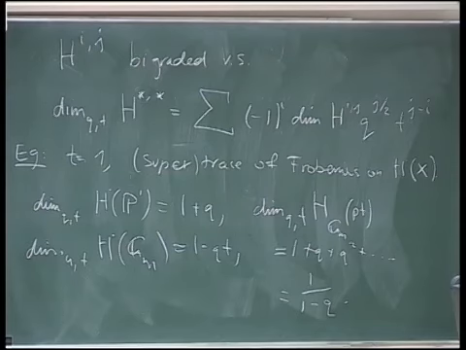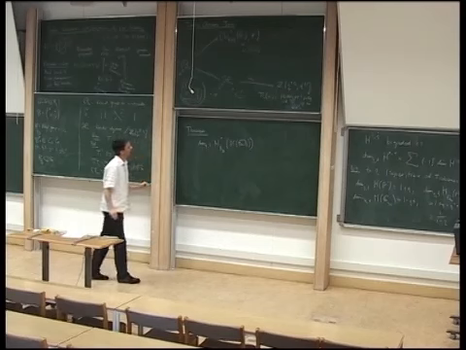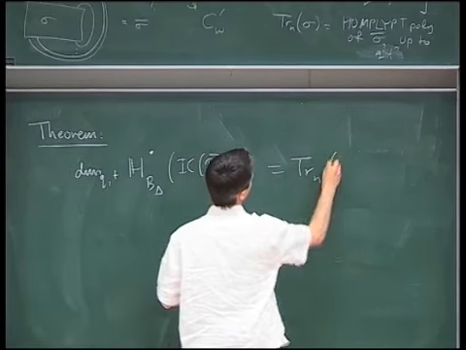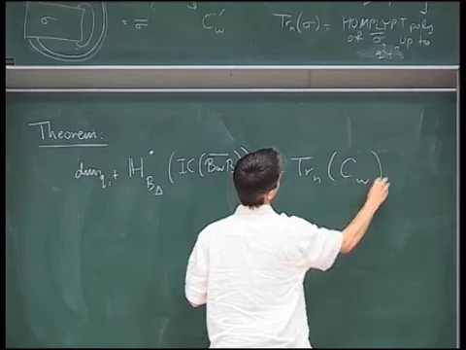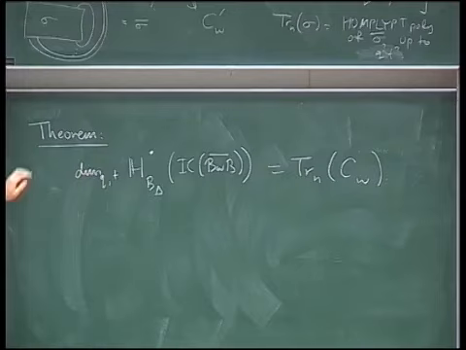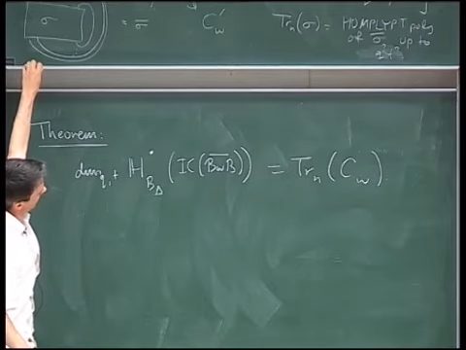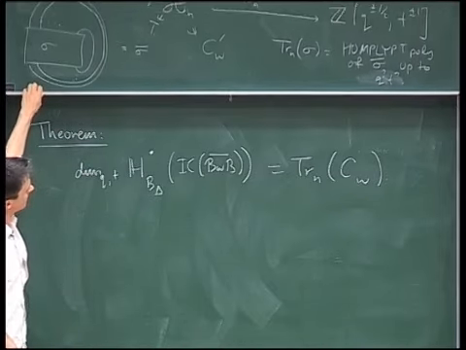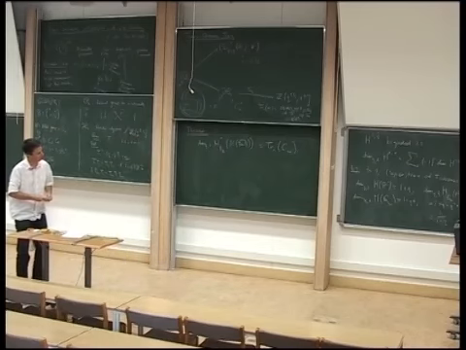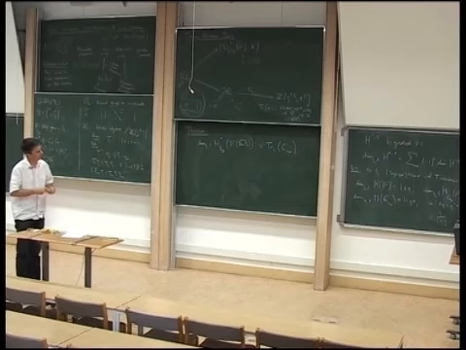So now the theorem is that the dim_{q,t} of this is exactly the Jones-Ocneanu trace evaluated on C_w. Just as a question of interest, when you calculate this cohomology, can you use cell decomposition?